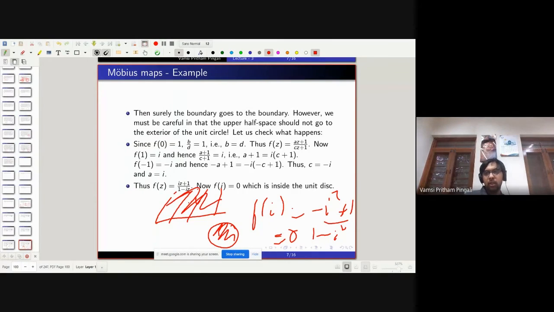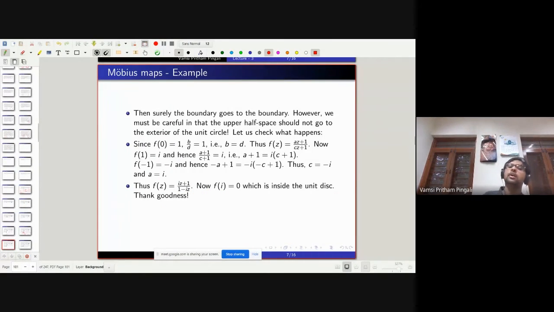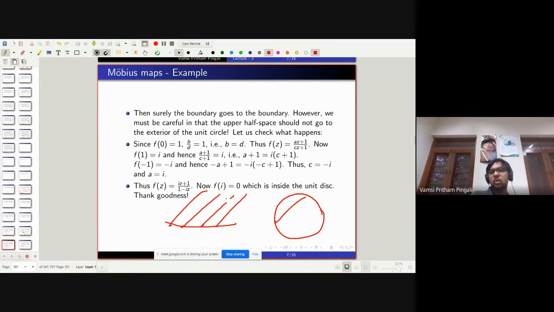So thankfully, this is the correct map. Okay? So we have successfully managed to conformally map the upper half space to the unit disk. Okay? So if we know how to solve the Laplace equation here, we know how to solve the Laplace equation here. Is this clear?